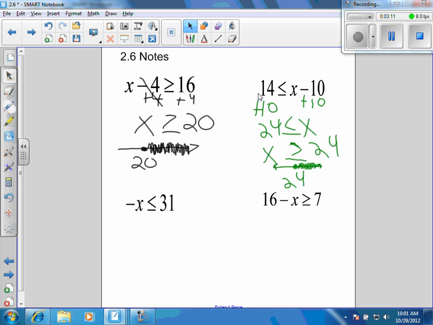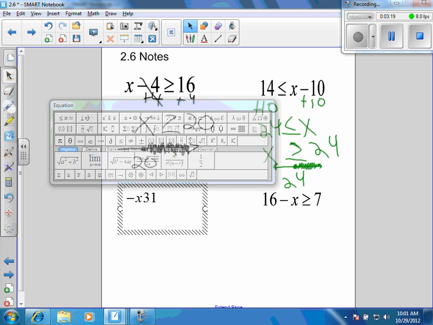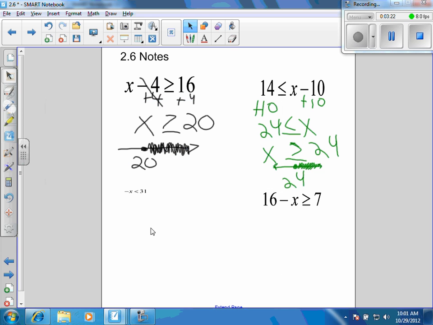Good. Okay. And so if we look at this one, there's a couple things here. Let's make that a less than. Oops. Okay. This right here is different. So how would you shade the picture of this? Draw it on your paper right now. Just draw a picture of what you think the solution to this is.